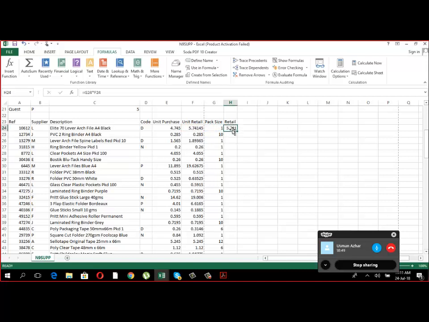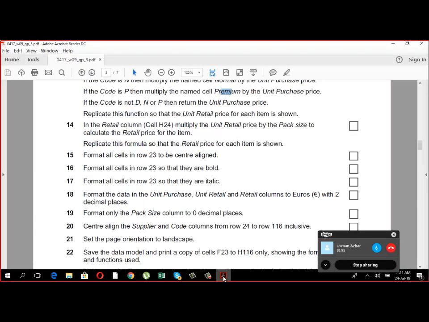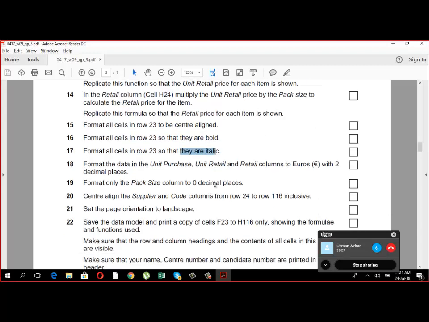Am I right? Easy. Agree? And then we have to replicate. Format cells in row 23 to be bold, center aligned, and italic. I can ignore this, can I?